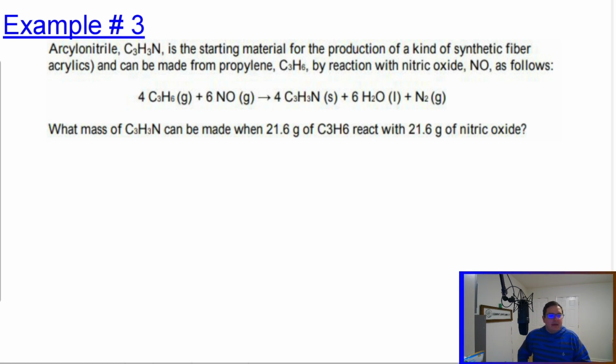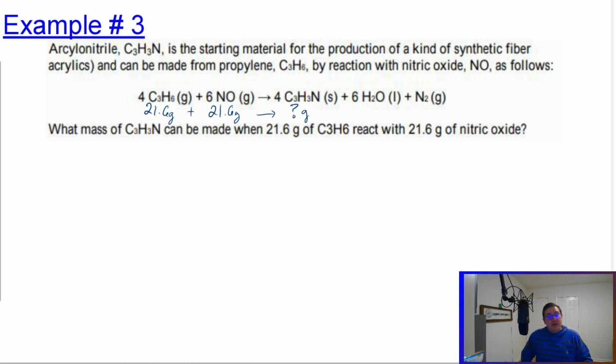So what mass of C3H3N, so I'm just going to write some things here. We're looking for how many grams can be made when 21.6 grams of propylene reacts with 21.6 grams of nitric oxide.